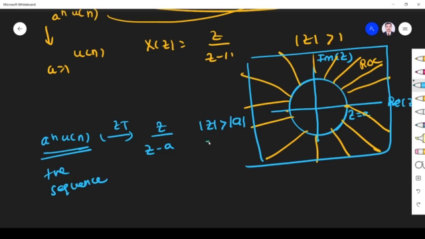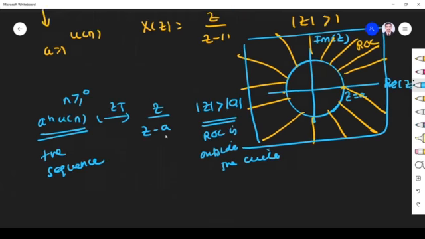For a positive sequence, the ROC is outside the circle. Right? So why is it positive? Because aⁿ u(n) has value for only n greater than or equal to 0.